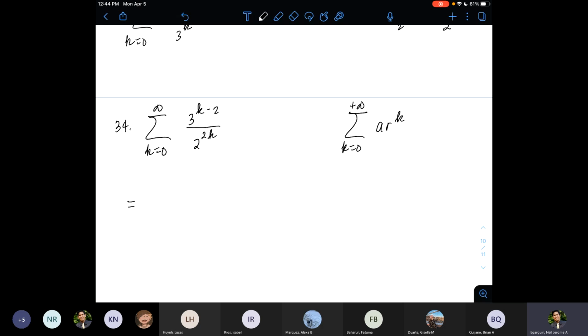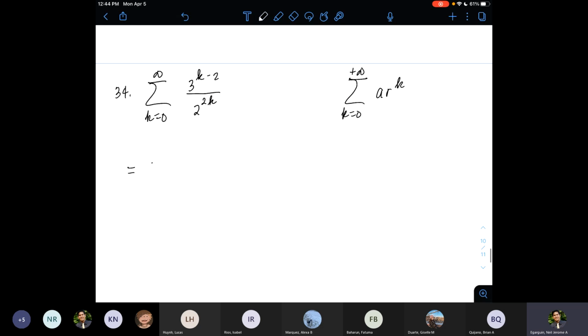So now to do that, I need to keep a power k. So I'll write it as, okay, k from 0 to infinity. I want the 3 to the power k, but it has a 3 to the power k minus 2, so I'll have a 3 to the minus 2 here. So the numerator will look like this.